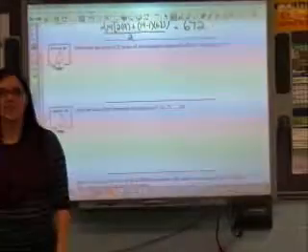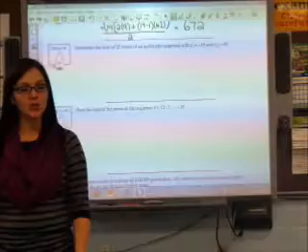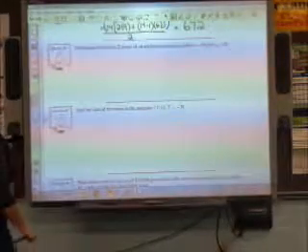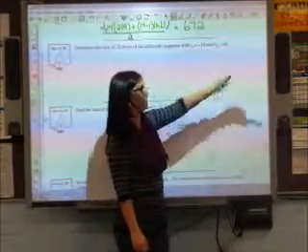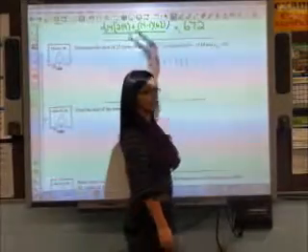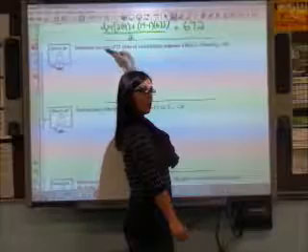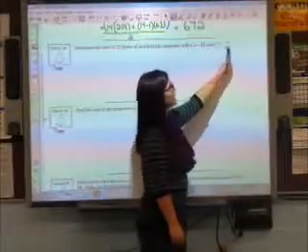Example number 2. Determine the sum of 22 terms of an arithmetic sequence where t of 1, the first term, is negative 18, and t of 22, which would be the last term in a 22-term sequence, is 45.